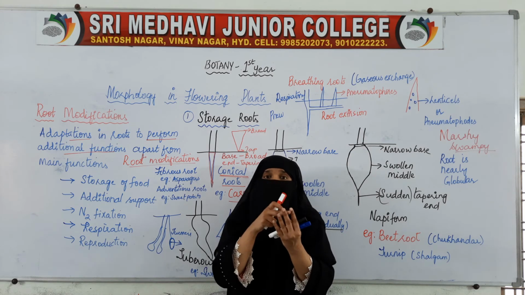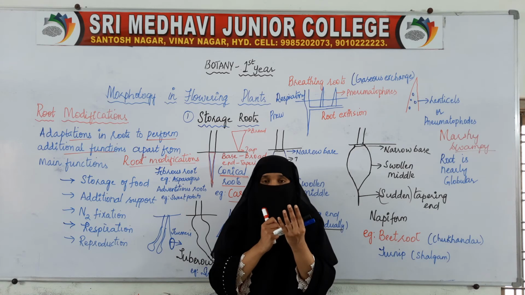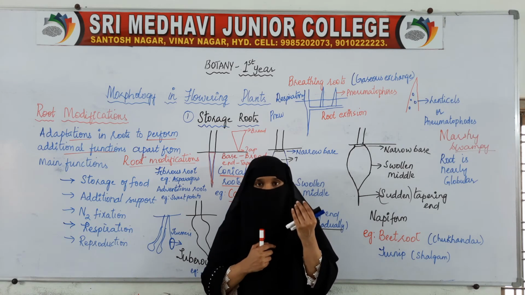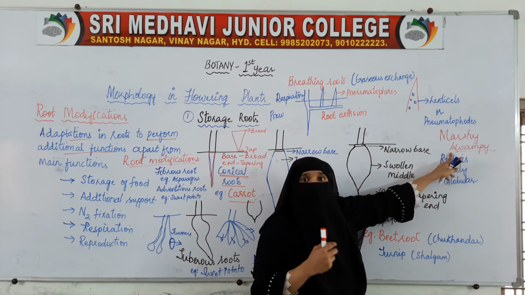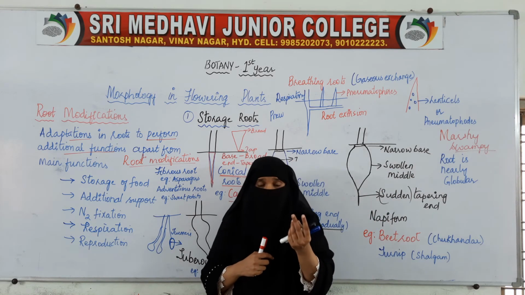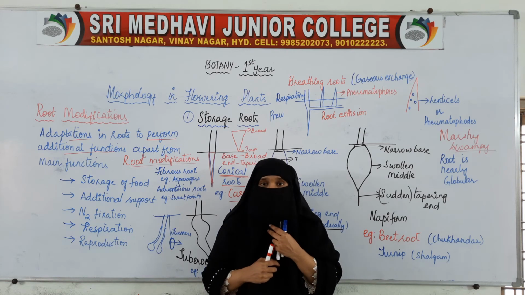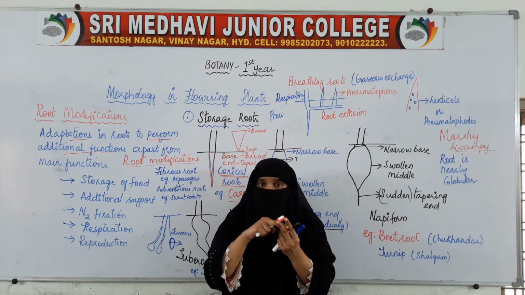But here the space is filled with water and mud. In muddy, marshy, swampy areas, water is present inside the pores. So if water is present, how can air go inside it? Air cannot go inside it.